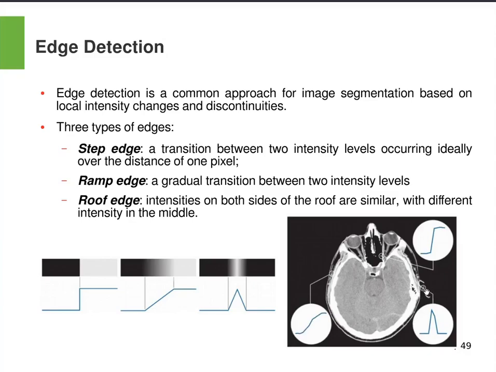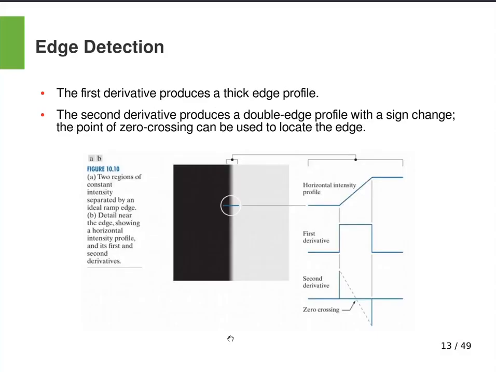Here we have an example of a roof edge, and finally we have an approximate step edge. As you can see, in practical applications you don't exactly see what you see in the ideal cases, but it is still close enough.